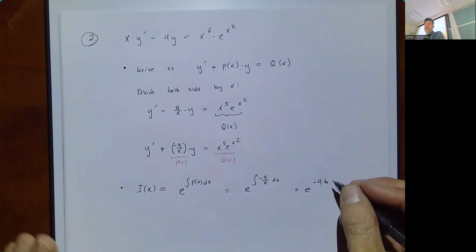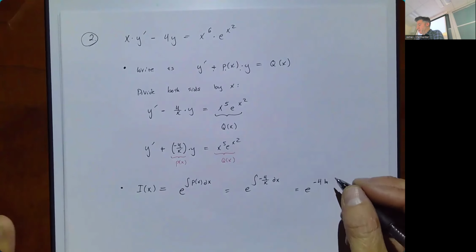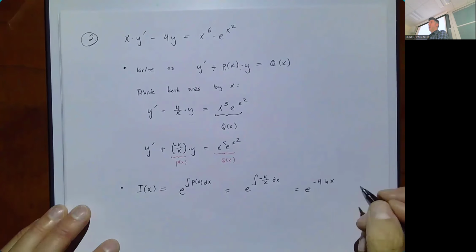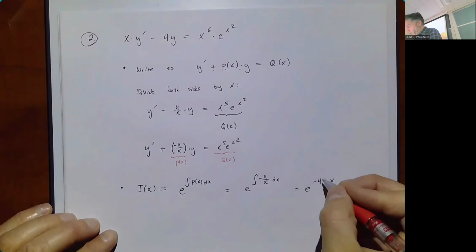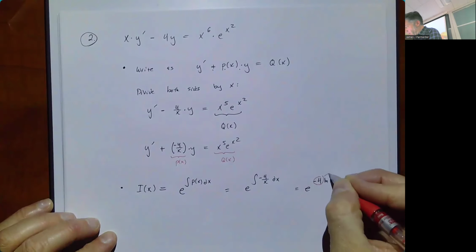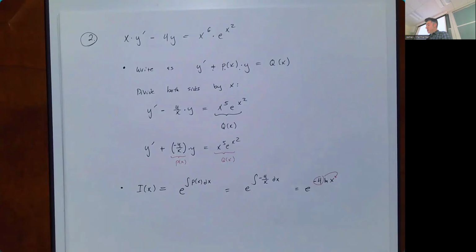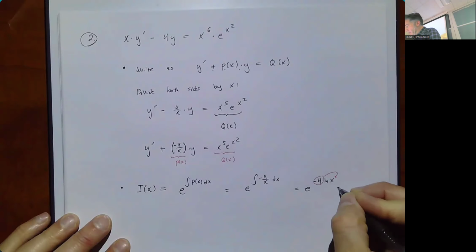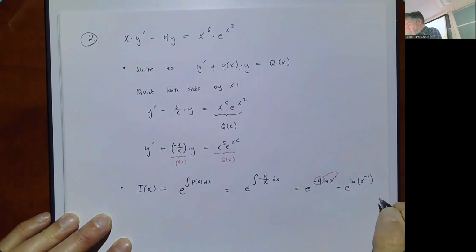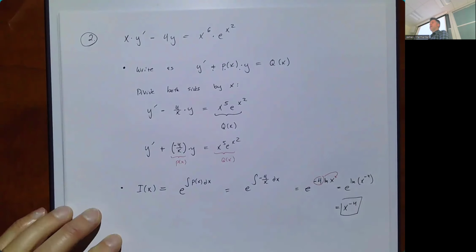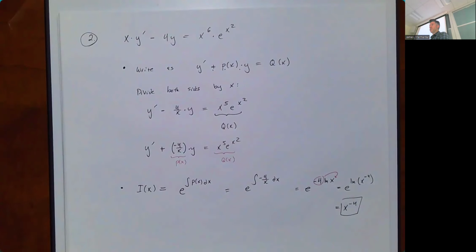It gets ignored, kind of like the plus c gets ignored. So we have e to the negative 4 natural log of x. And it is almost always in our interest to simplify this as much as possible. Specifically here, this negative 4 can come up as the power of x in the natural log. So we can rewrite this as e to the natural log of x to the negative 4th, which is just x to the negative 4th. There's our integrating factor.